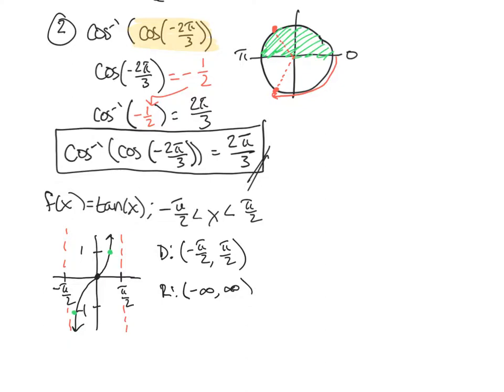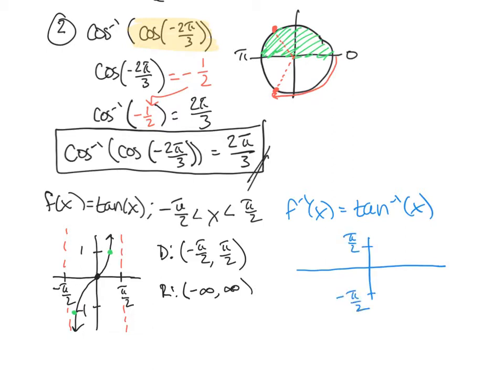So if we're taking a gander at f inverse of x, or tangent inverse of x, when we graph that, it's going to be really long. We're going to have pi over 2 up here, negative pi over 2 down here. Again, these are now going to be our vertical asymptotes.